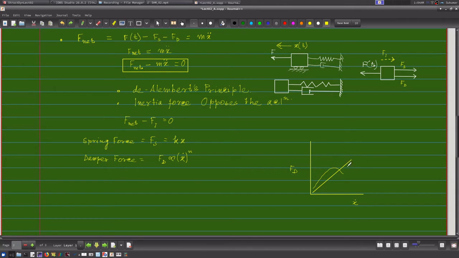And usually in structural dynamic problems we assume that our damping is viscous.